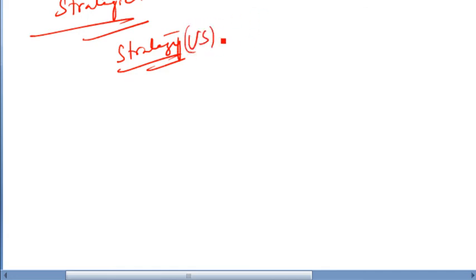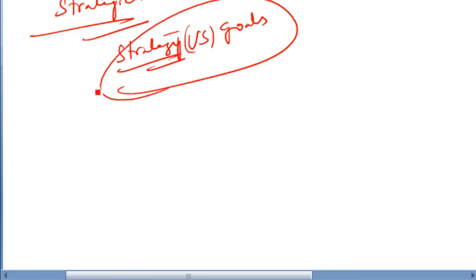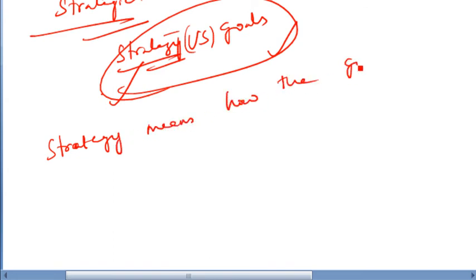So don't confuse strategy and goals. Strategy is different, goals are different. In the performance prism, strategy means how the goal will be achieved.